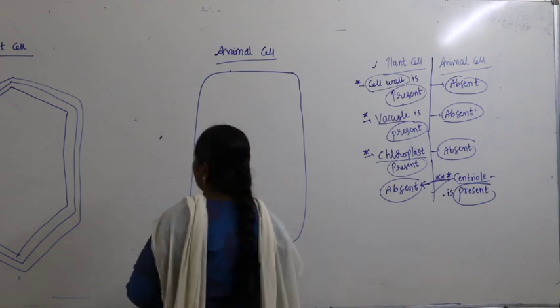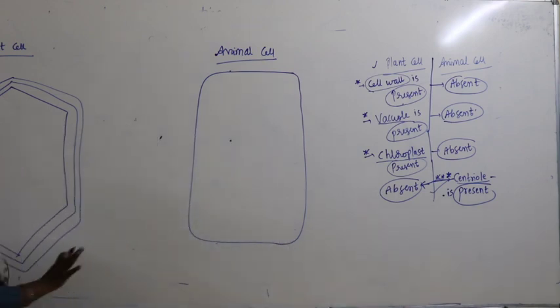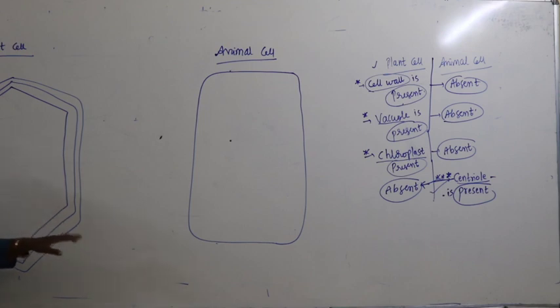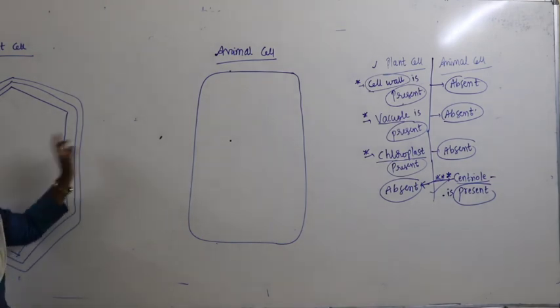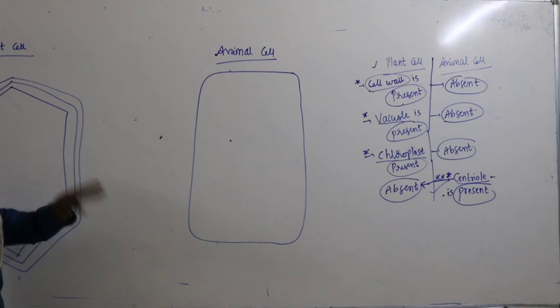Basically this is how we differentiate plant cell from the animal cell. Let us mention similarities together in the center. Whatever differences are there, let us write on either side.